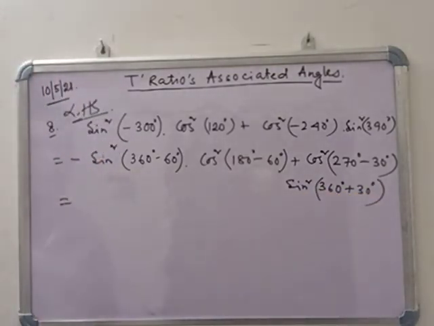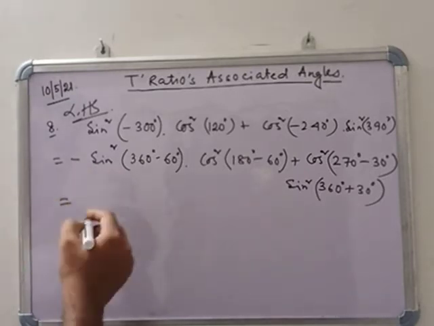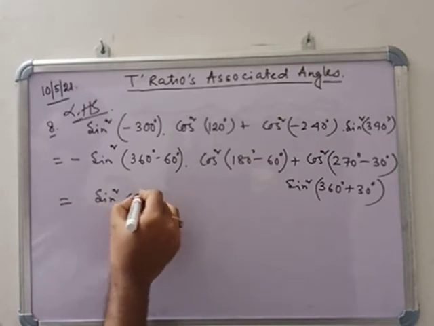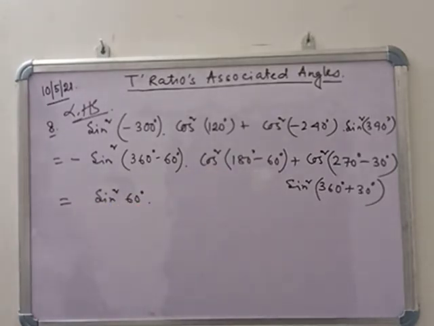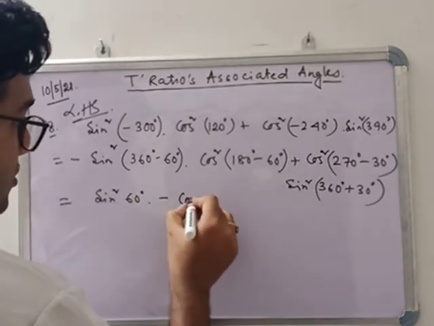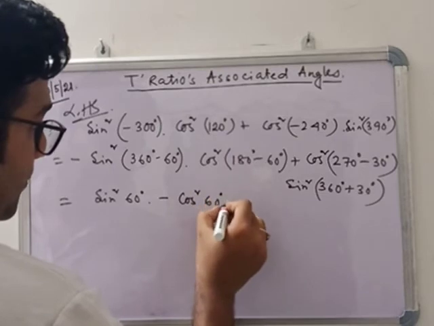So in 360 minus 60, that means fourth quadrant, sine is negative. So minus and minus plus, so sine square 60 degree. Cos square 180 minus 60, that means minus cos square 60 degree.